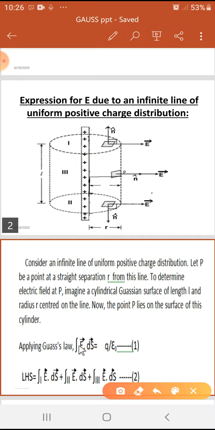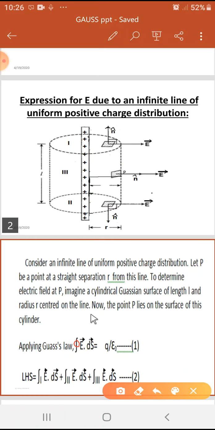Here you have to write the closed integral notation. The LHS of this relation is the closed integral, and the RHS is q by epsilon 0.